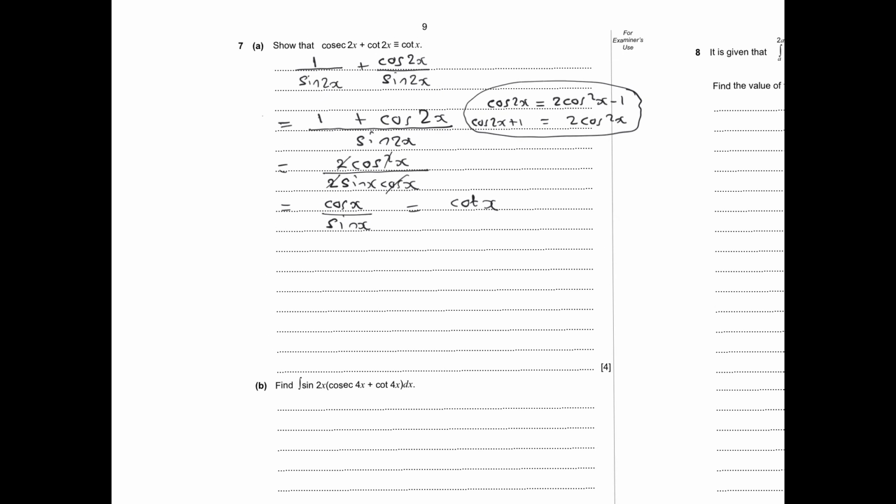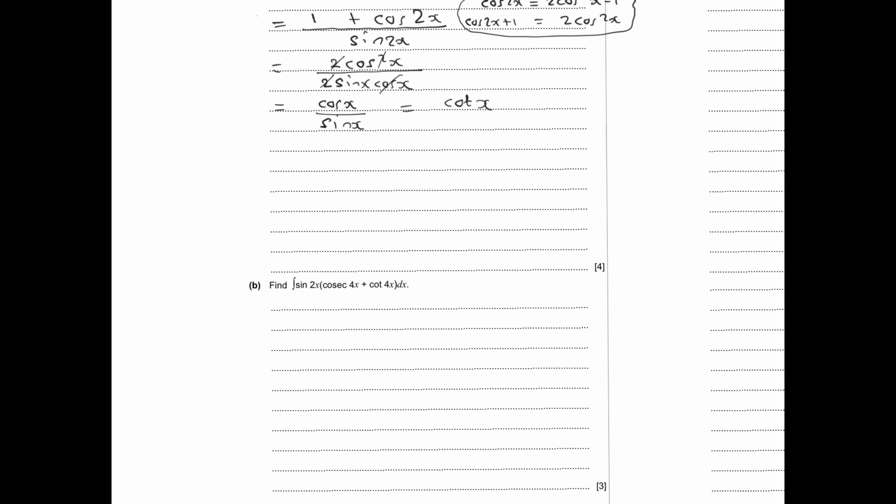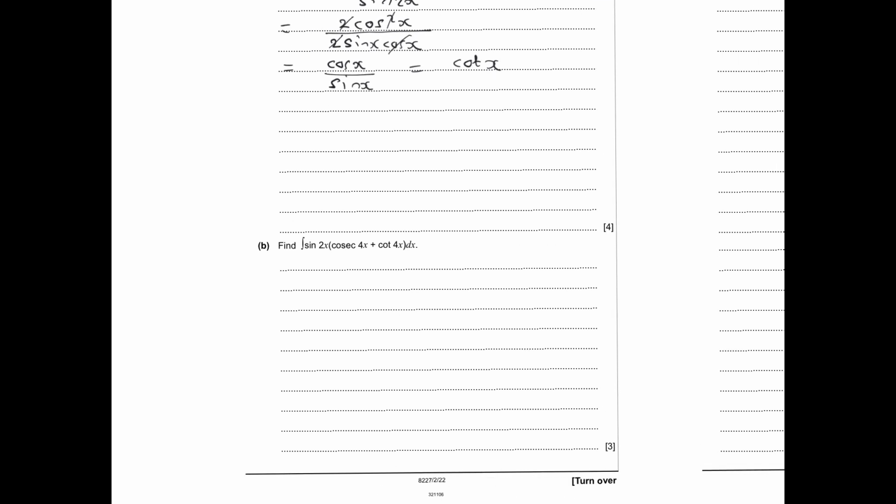Okay, you can relate it to this. Remember, if we have cosec 2x plus cot 2x is identical to cot x, it then means that cosec 4x plus cot 4x should be equal to cot 2x. Okay, maybe I should just write them close by together so that you can see the relationship.